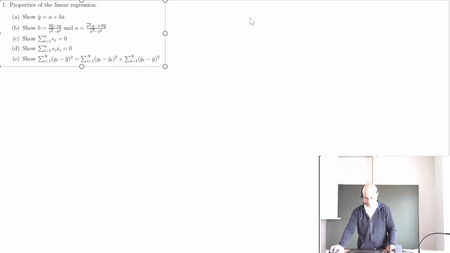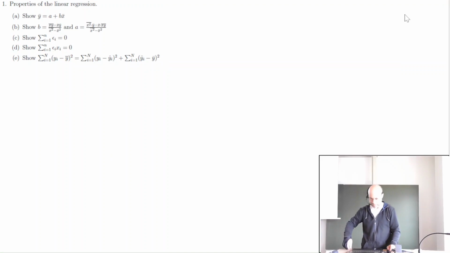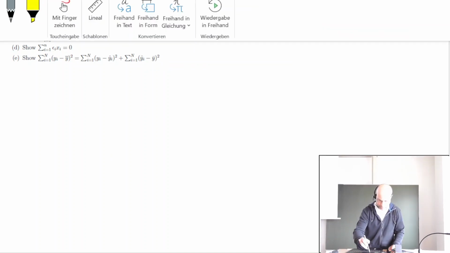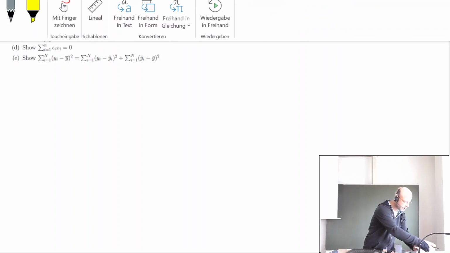So first of all, remember linear regression was defined in the following way.